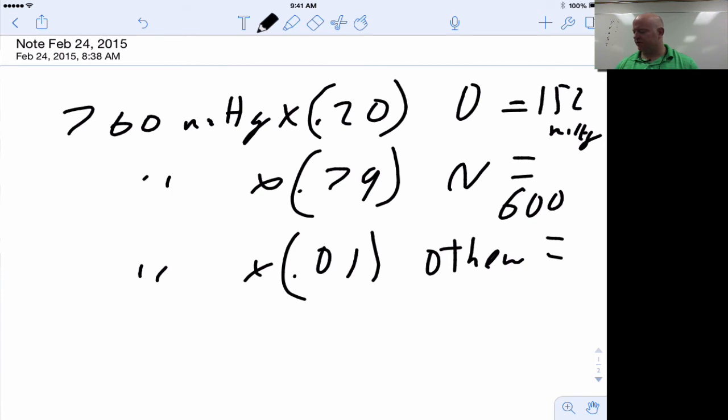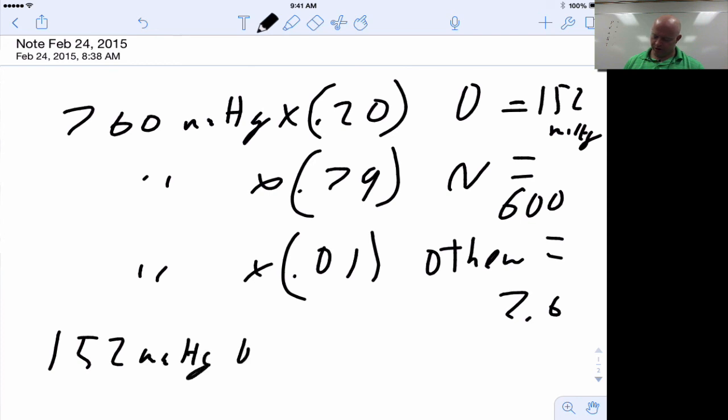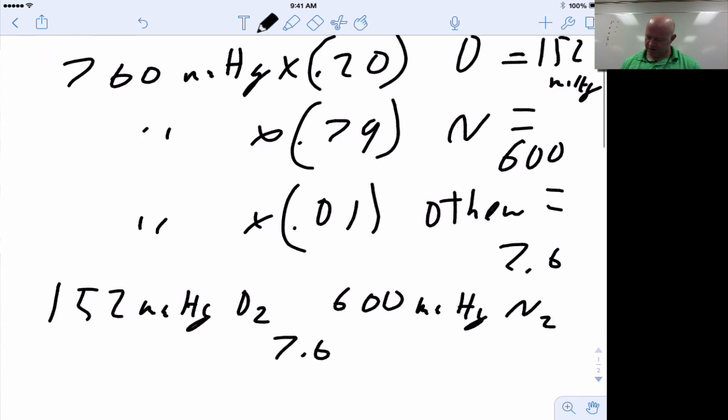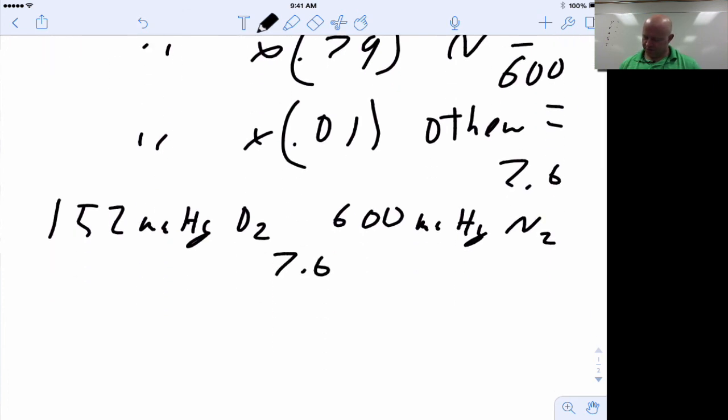And then 760 times 0.01, we get about 7.6. So we get 152 millimeters of mercury of oxygen, about 600 millimeters of mercury of nitrogen, and about 7.6 millimeters of mercury for our other gases here.